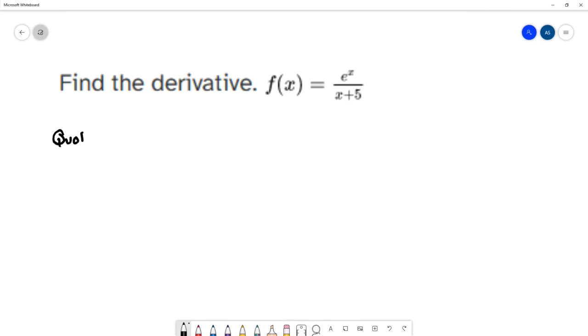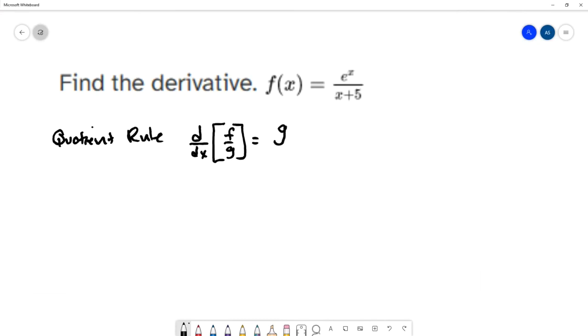So the quotient rule is the derivative of f over g. When we have a fraction, we follow this shortcut, this pattern for calculating the derivative.